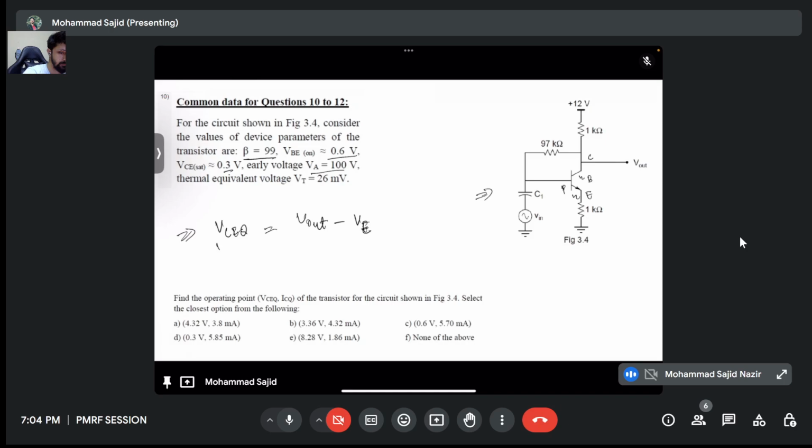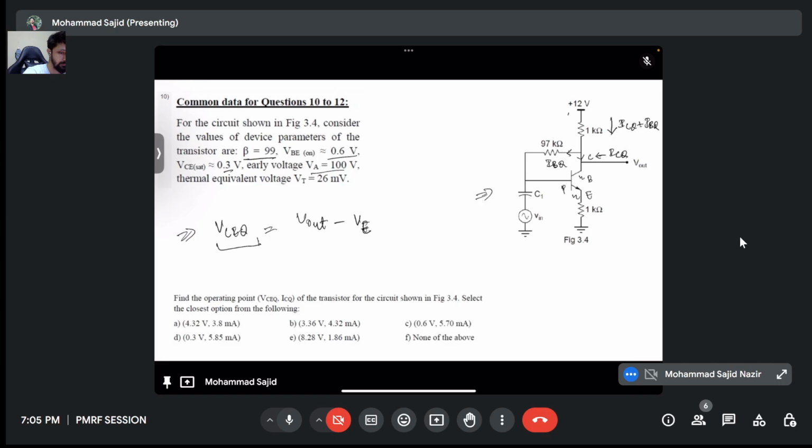So we are interested in finding VCEQ, and ICEQ is the current flowing. This is ICQ plus IBQ. So the current flowing through this terminal will be ICQ. We are interested in these two quantities. Okay, you have all the values. Let's see if we can calculate it.